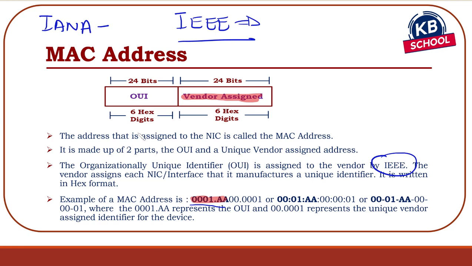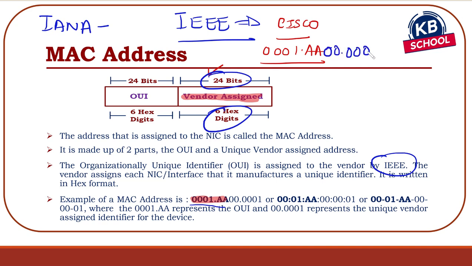Let's say Cisco has been assigned this unique vendor ID. It's the responsibility of Cisco to make sure that when it manufactures the NICs, the last 24 bits, again 6 hex digits, are unique within the organization.